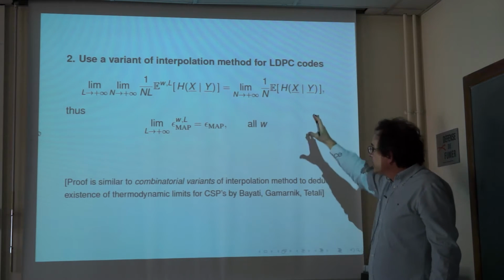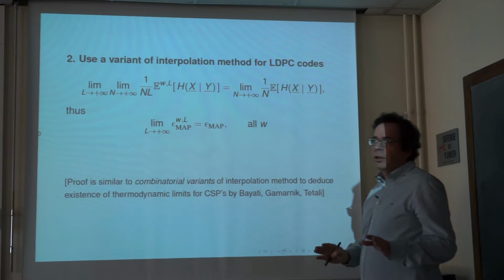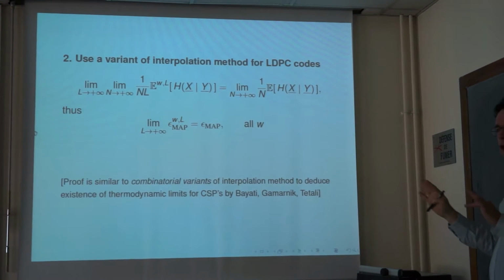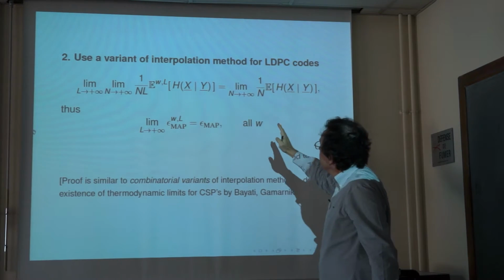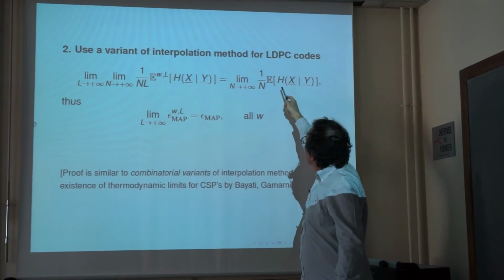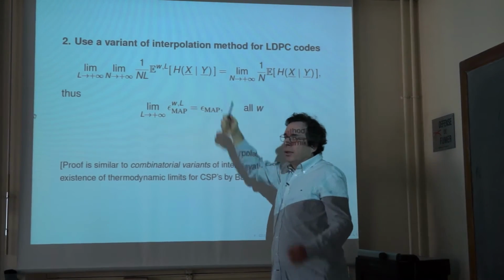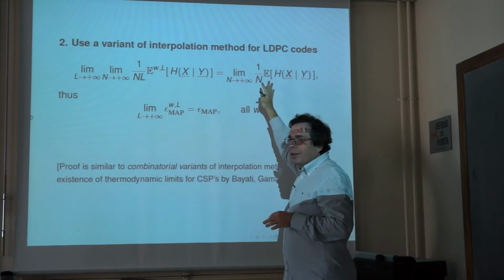To prove this, we use some combinatorial variant of the interpolation method. It's very similar to the old interpolation method, but it's twisted around to prove such statements where you don't want to compute the entropies, but you just want to compare systems and prove that entropies are equal without computing them.